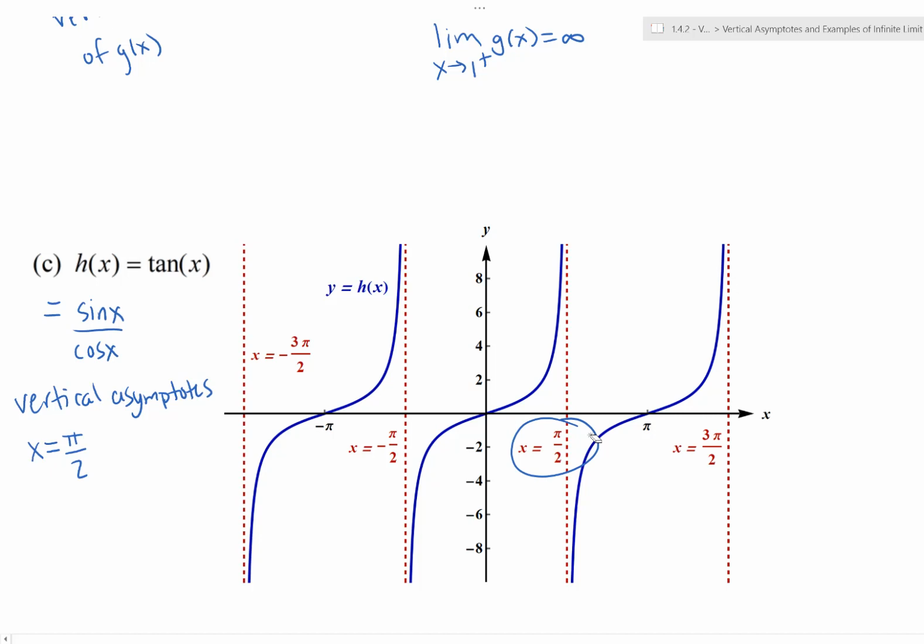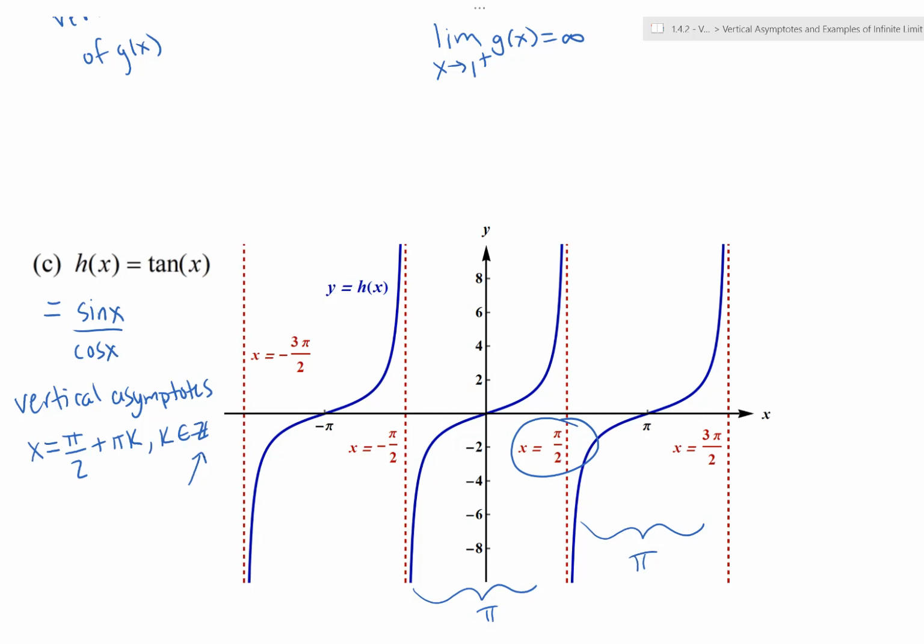And then, of course, the period of the tangent function is pi units, right? So there's pi units between all these things, etc. So we could say plus some pi times some number k, where k is an integer. Remember that Z-looking symbol right there just means an integer value, positive and negative whole numbers, including 0. So you just add or subtract multiples of pi from pi over 2, and you will be at a vertical asymptote because of the behavior of the function.